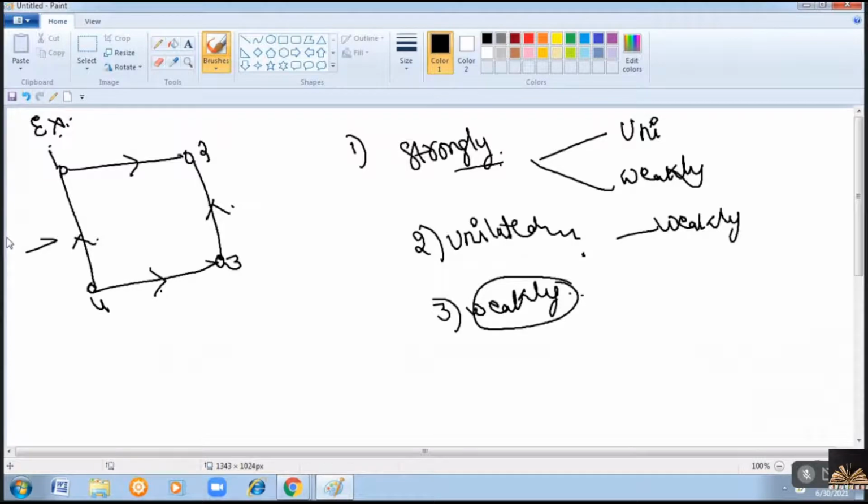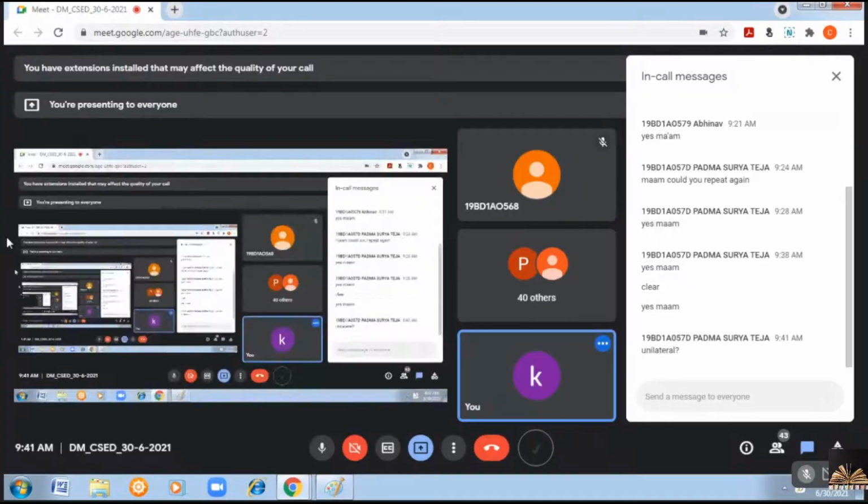You try and tell me what type of connectivity is satisfied for this directed graph.